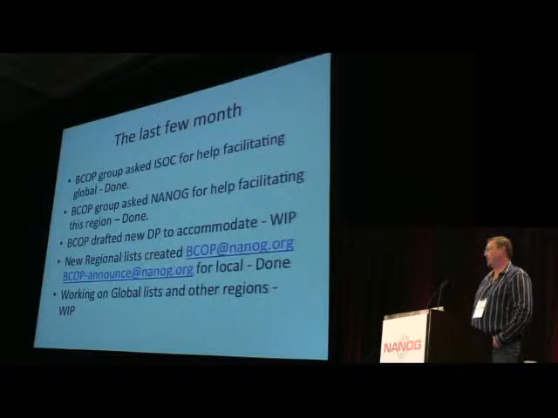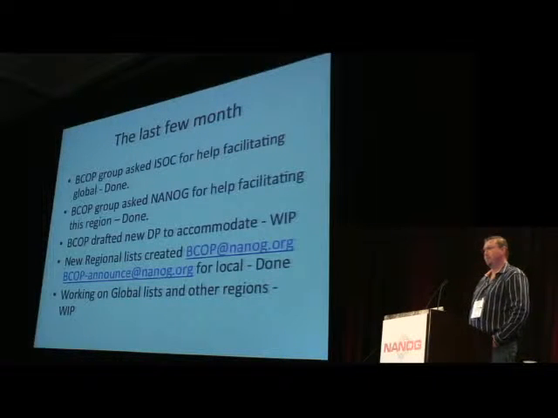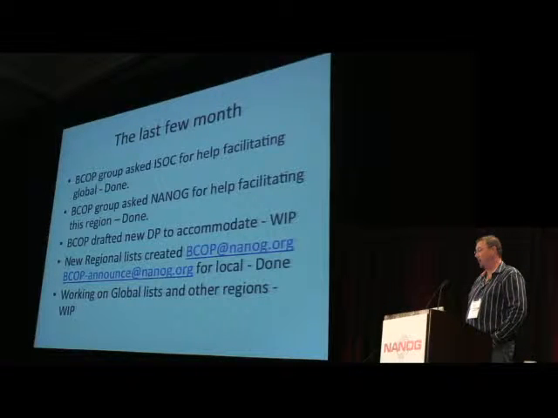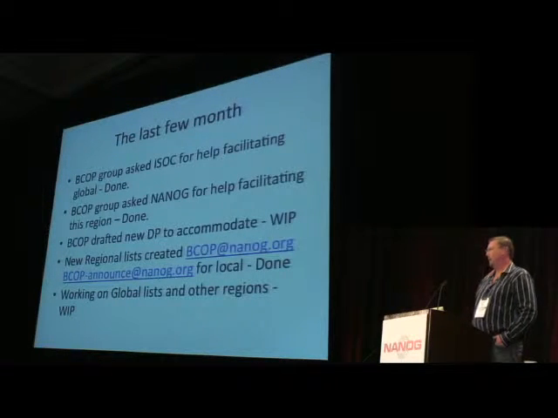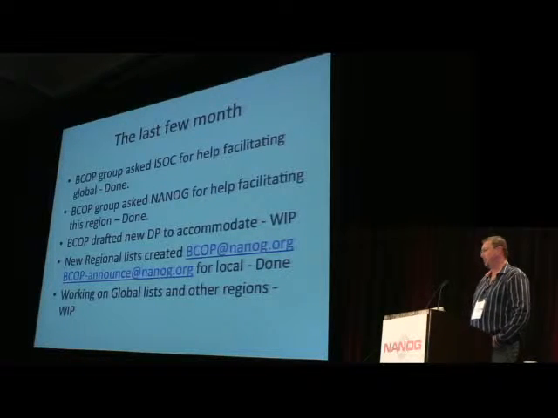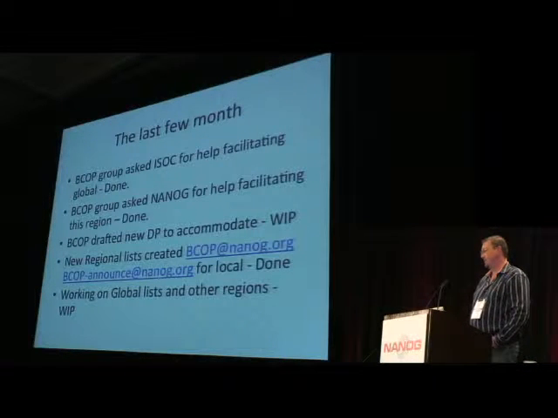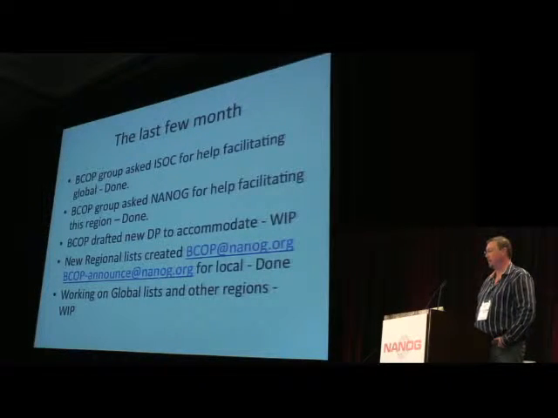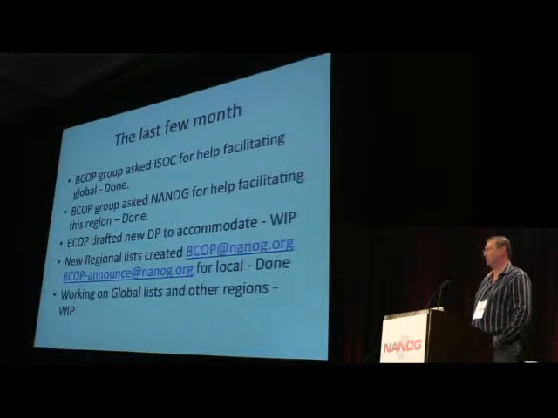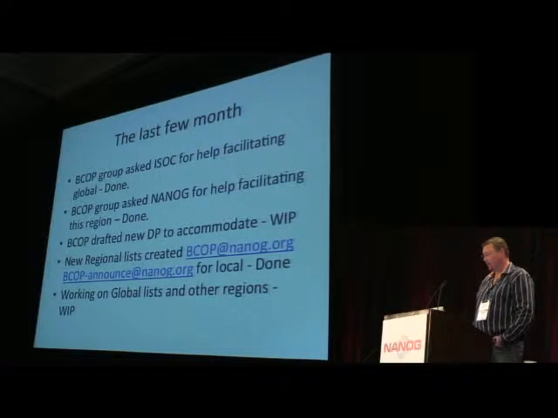It's a work in progress, and it is meant to be open and bottoms up and transparent and community driven. So it is up to you to help continue to modify that. All of the lists and facilitating stuff had been living on third-party servers, even some in my house. So we created some new lists. One is bcop@nanog.org, and another is bcop-announce@nanog.org for announcements of documents that are being worked on, which I encourage you to join by just using the subscribe command at those lists, which NANOG has accommodated.